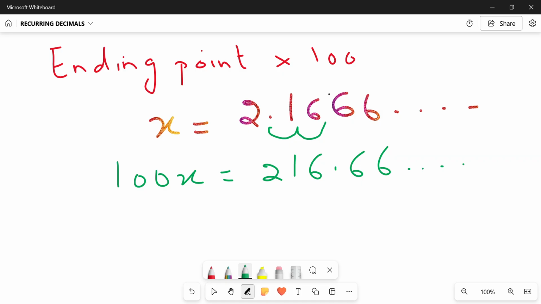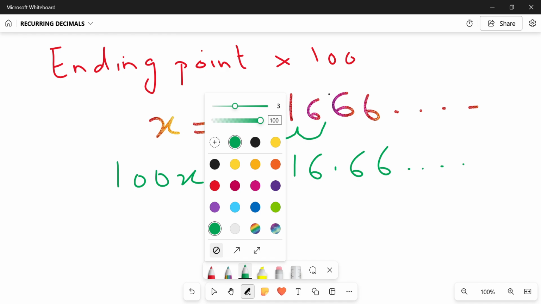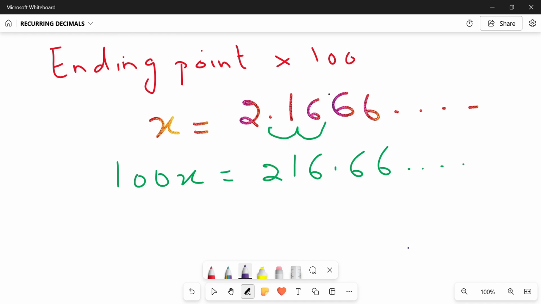Now after the ending point, I multiply with the starting point. The starting point was 10, right? So when I multiply the equation x equals 2.1666 with 10, it gives me 10x equals, and the point shifts one digit ahead.